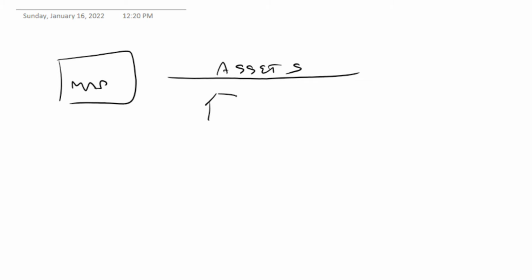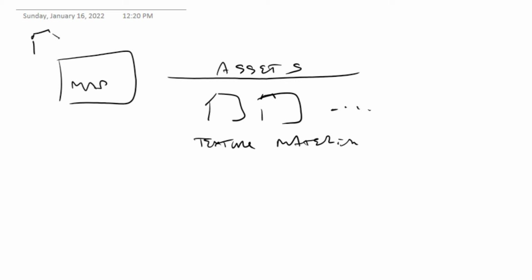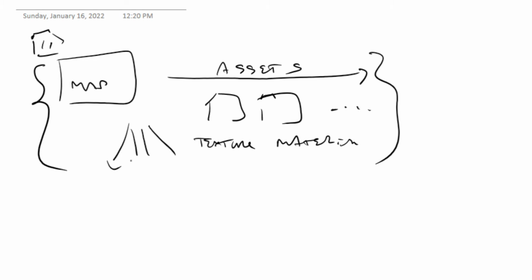That might include some folders for textures, for materials, etc. The idea is that inside of this one folder, you've got this whole thing contained. And again, all the assets should be either in the current level or below. That's probably an ideal way to do it.